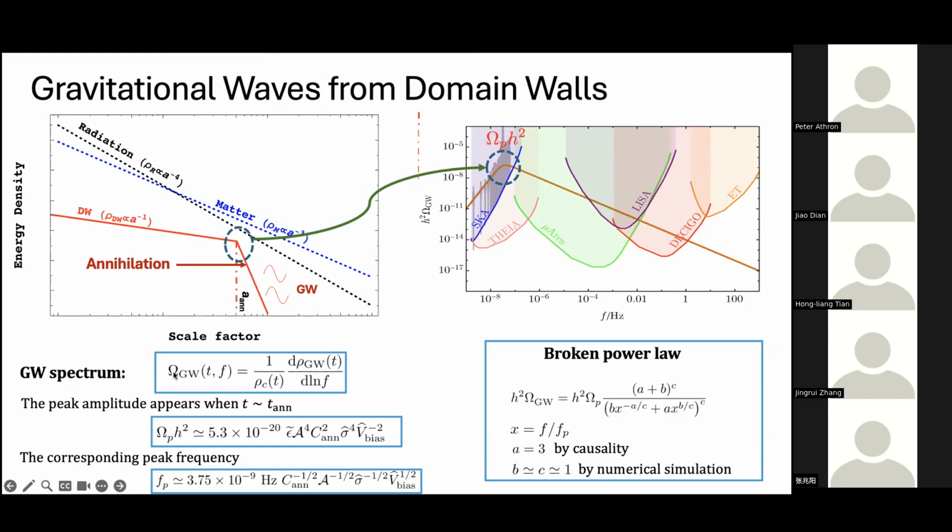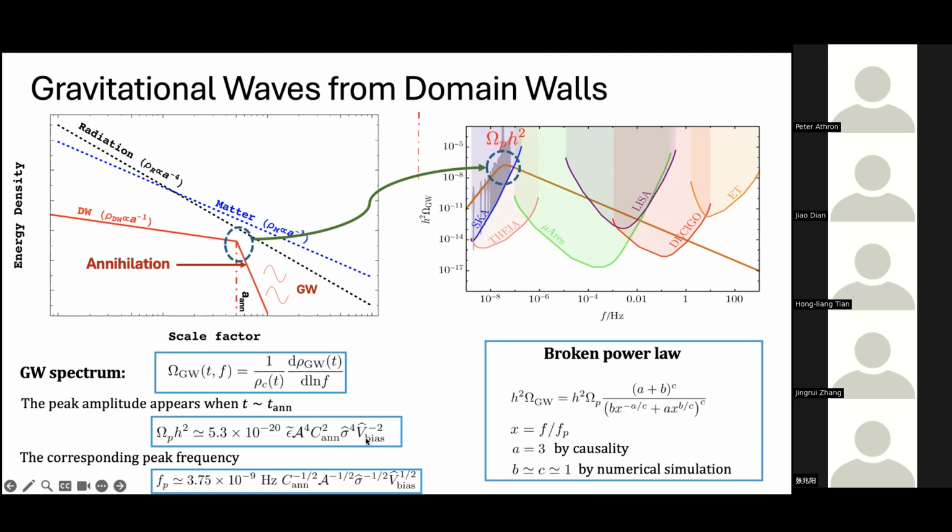So as I said, one can calculate the energy density of the domain wall, the gravitational wave generated from the domain wall, and we can use it to calculate the gravitational wave amplitude. The peak amplitude depends on two quantities, which are the surface tension and the bias.